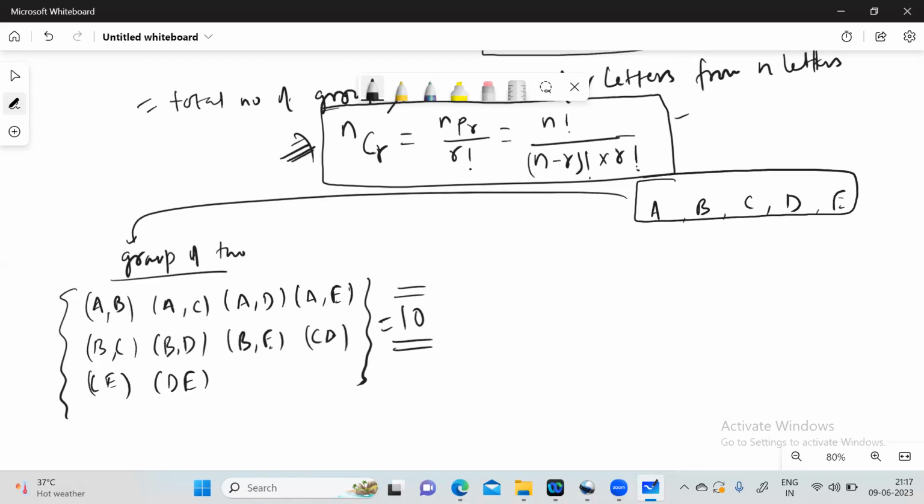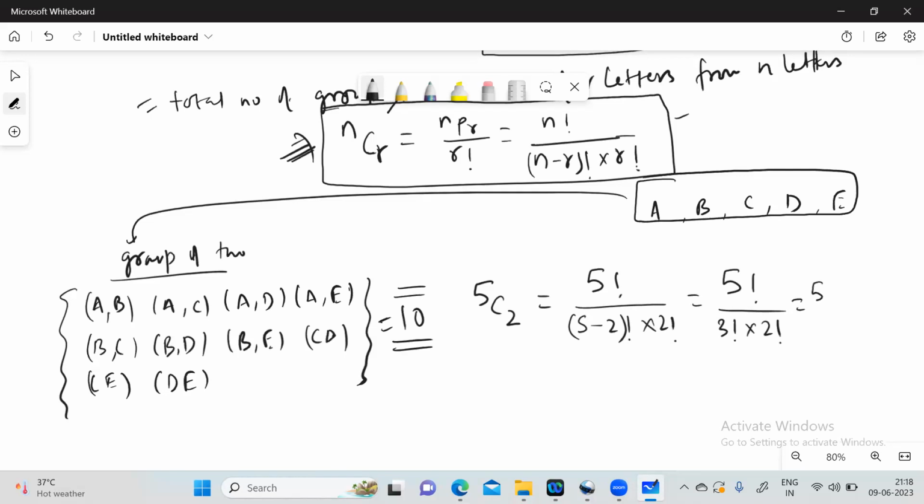And we have a formula for this, which is the same as 5C2, which is 5 factorial divided by 5 minus 2 factorial into 2 factorial, so 5 factorial divided by 3 factorial into 2 factorial.